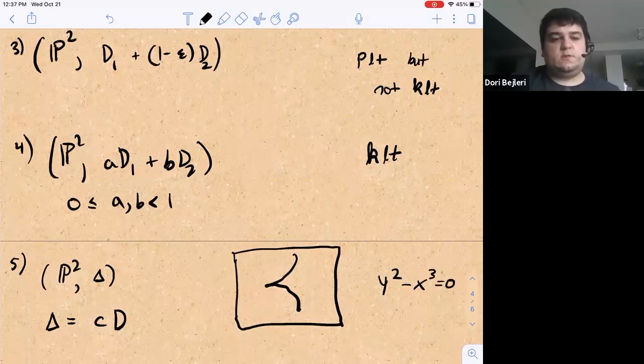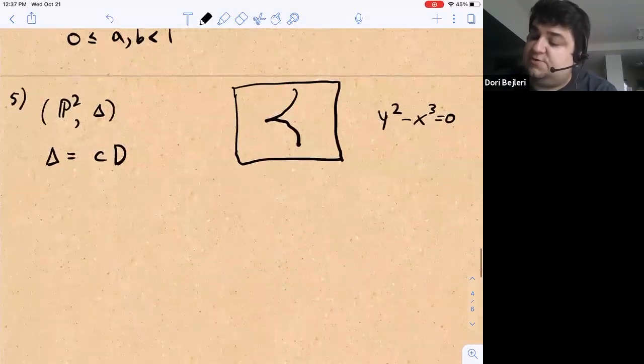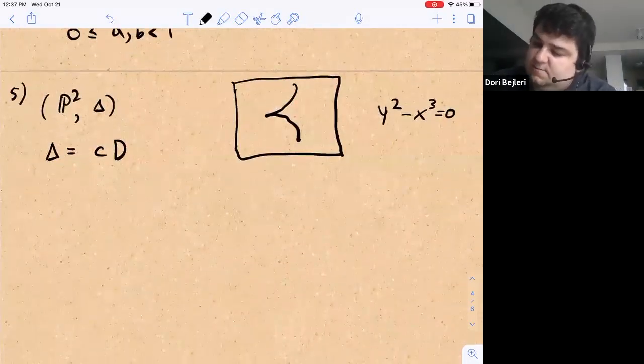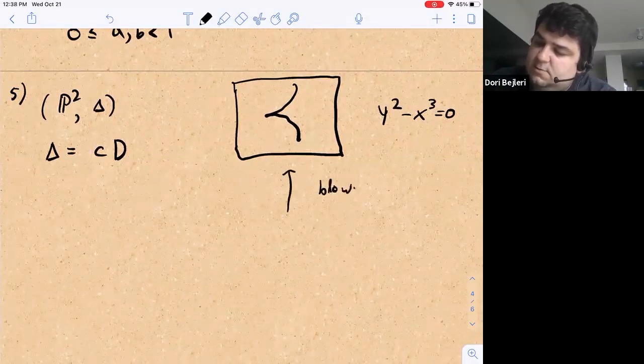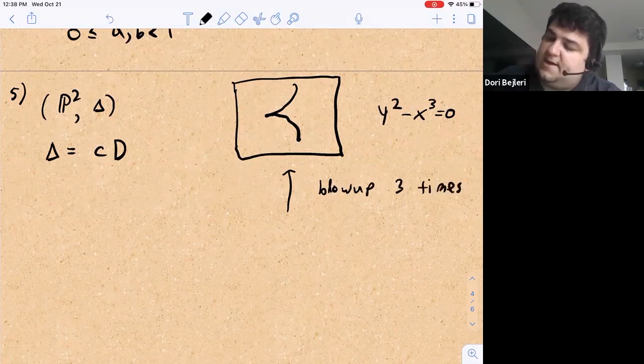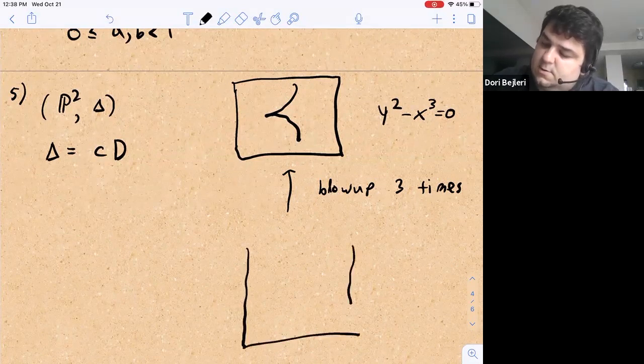Now we can try to compute when this is KLT, when it is log canonical. To do that, we write down a resolution. I claim that if you blow up 3 times, then we get a log resolution where the picture looks as follows.